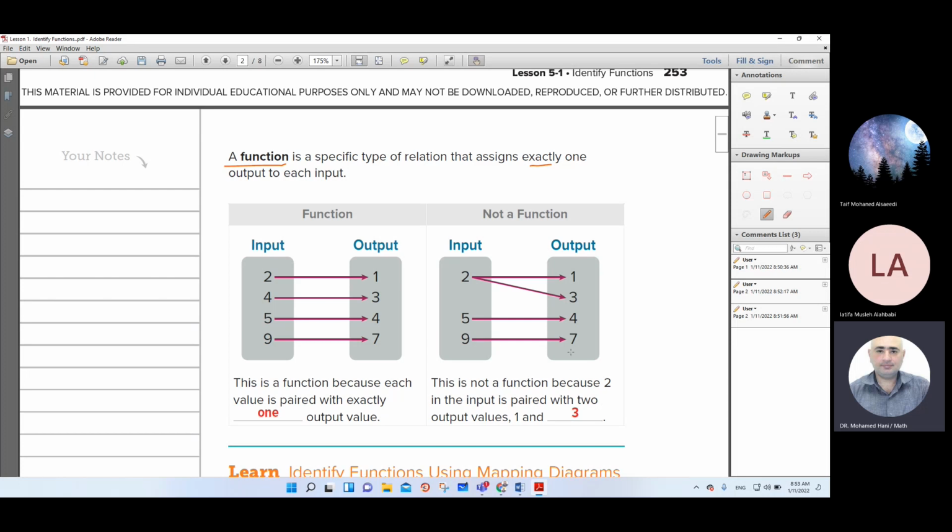Each element in the input must be related to one element in the output. If an element in the input has a relation with two elements in the output or more, this is not a function. This is the difference between a function and not a function.